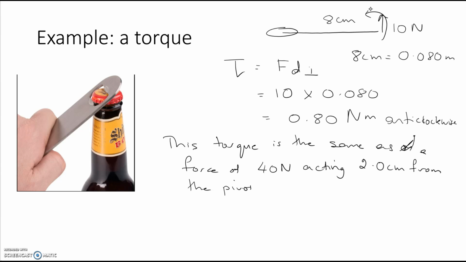And that's because 40 times, and again convert 2 centimeters, we're going to get the same 0.80 newton meters.